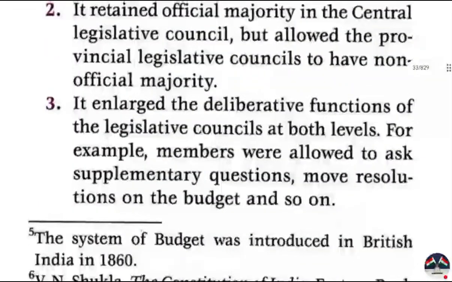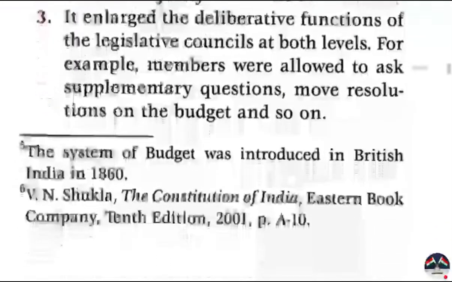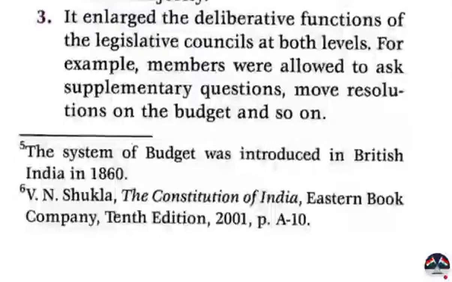It retained official majority in the Central Legislative Council but allowed the provincial legislative councils to have a non-official majority. And lastly, it enlarged the deliberative functions of the legislative councils at both levels.